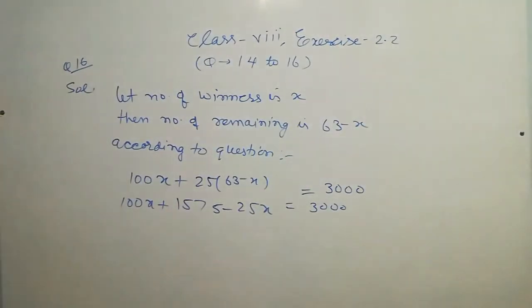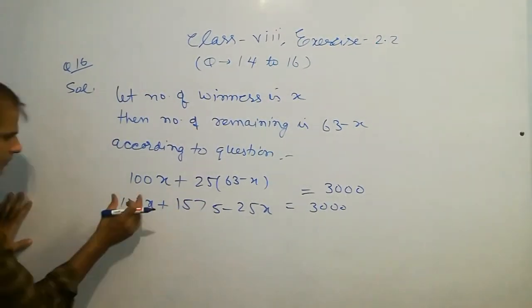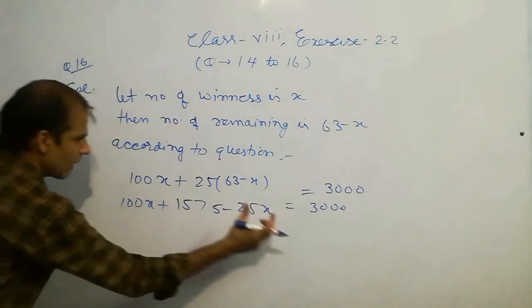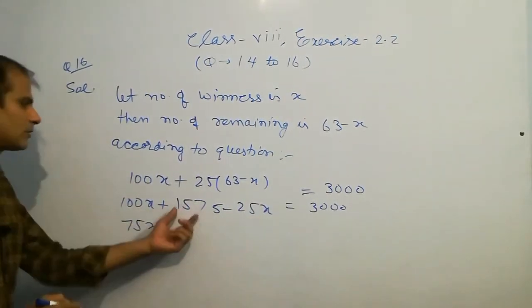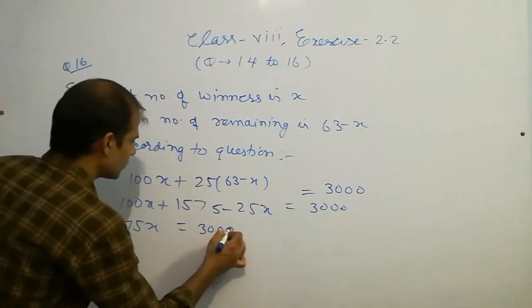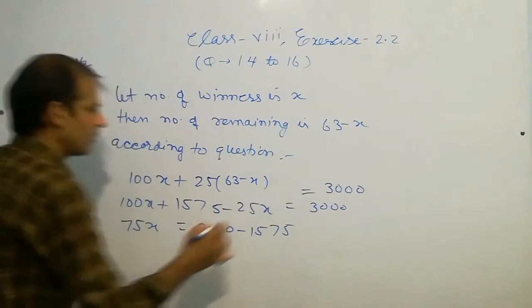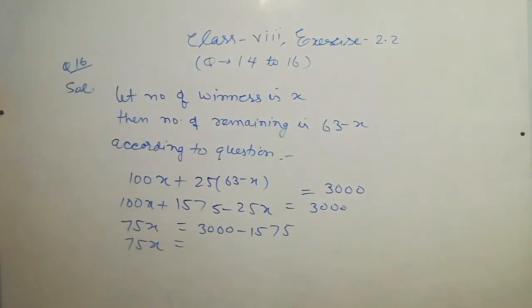Students, this is the equation. Again you can solve it easily by taking 100x and minus 25x together. So it is 75x, and this value is transposed to the right hand side. So it will be 3000 minus 1575.